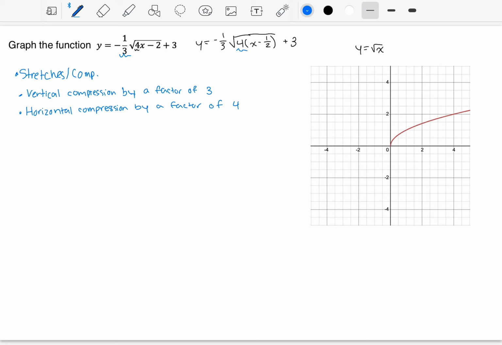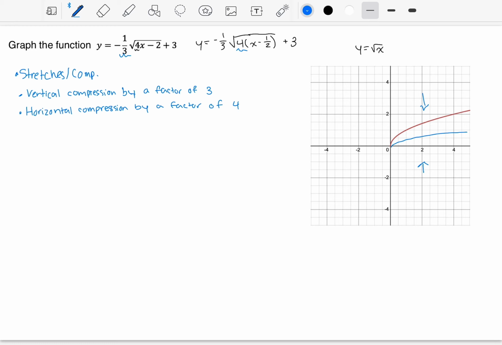So with a vertical compression, we're pushing the function in like this, and it's a factor of 3. So it's going to be about 1/3 of the height of our original function, like that. So that's our vertical compression.